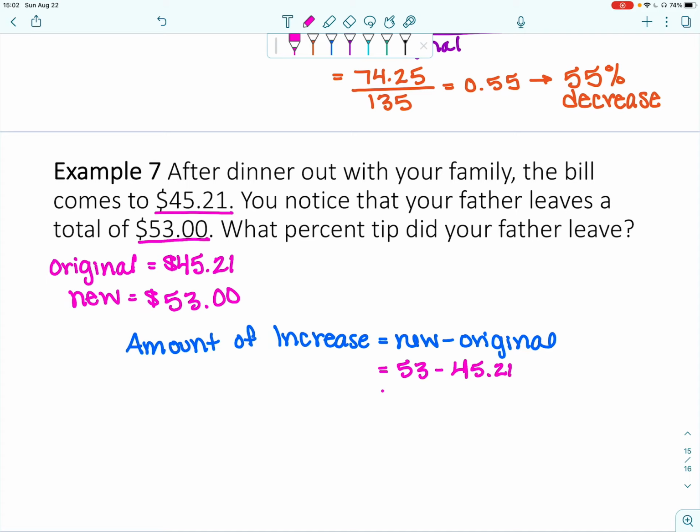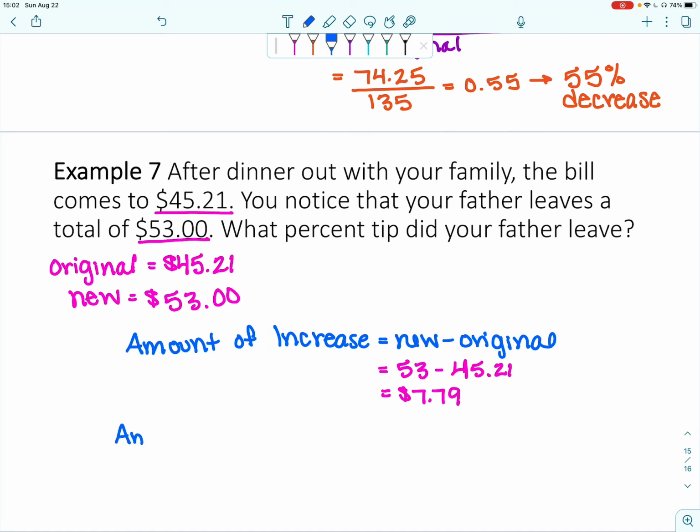We started at $45.21. So that's a difference of $7.79. So a $7.79 tip was left.